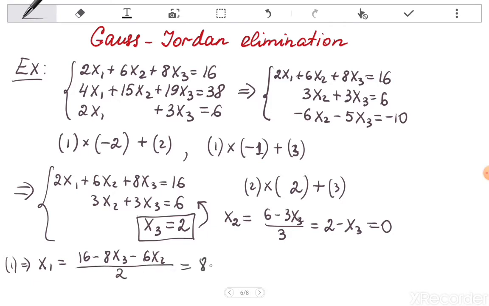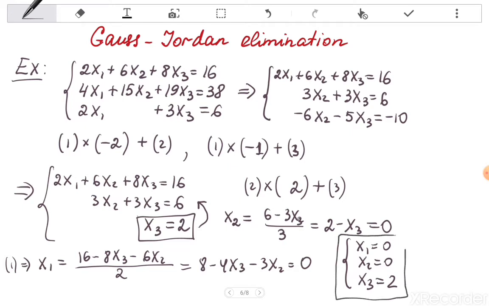This is 8 minus 4x3 minus 3x2. When we substitute, x3 is 2, so 8 minus 8, and x2 is 0, so we again obtain 0. So the solution of our system is x1 is 0, x2 is 0, and x3 is 2. And if we have such a situation, with particular numbers for x1, x2, x3, it means that this system has a unique solution.